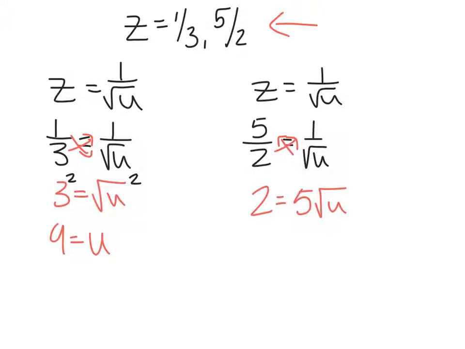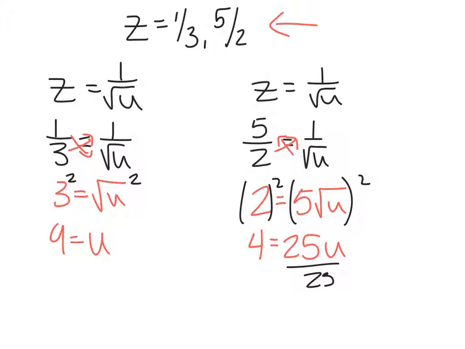If you want to go ahead, you can square both sides, and you get that 4 is equal to 25u. Divide both sides by 25, and you get 4/25 is equal to u.